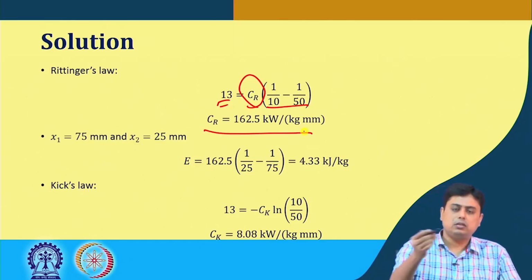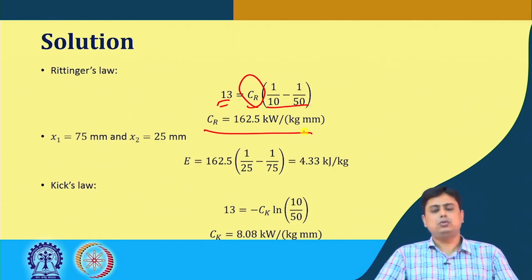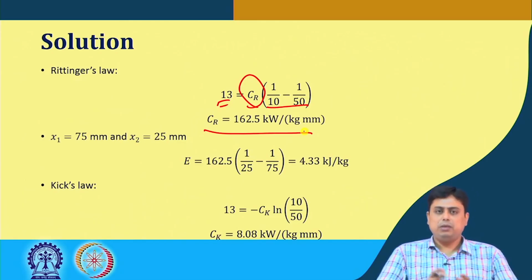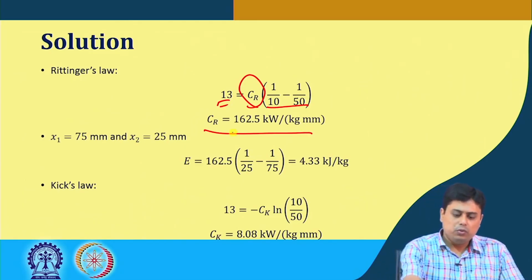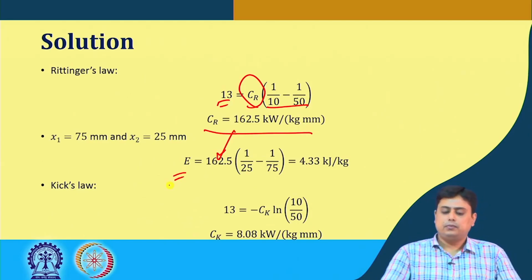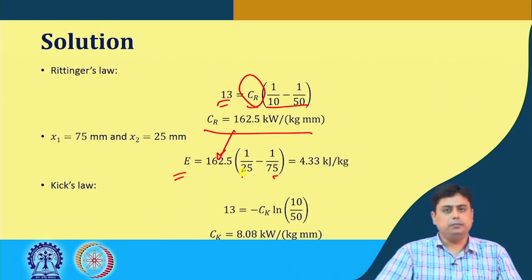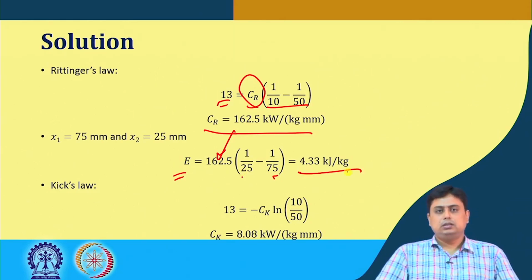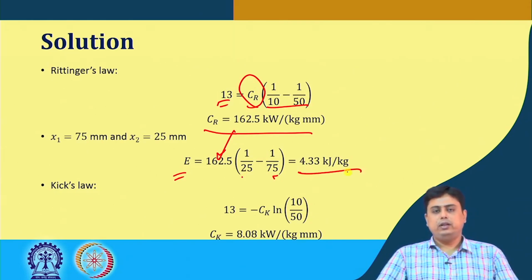The same equipment is being used for crushing material from 75 millimeter to 25 millimeter, so Rittinger's constant would be the same because the material and the machine are the same. Using that constant, we can now calculate the energy requirement from 75 to 25. That provides us the value 4.33 kilojoule per kg of energy required.